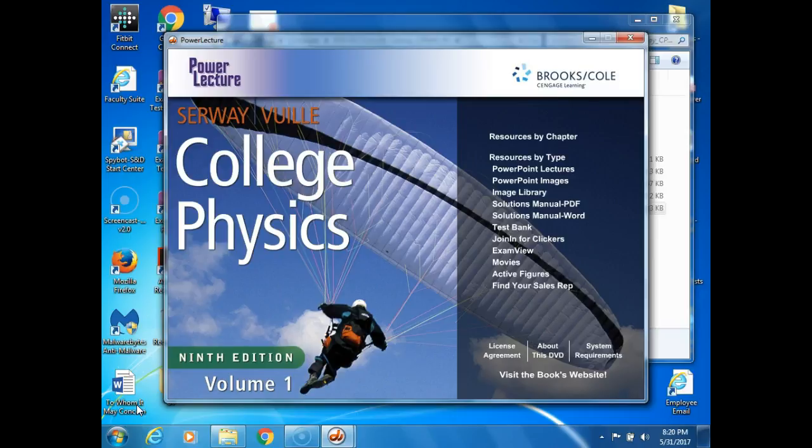Now these conceptual questions, they have the odd number answers in the back of the book. Okay? Maybe not all, but most of them do. But then the problems.